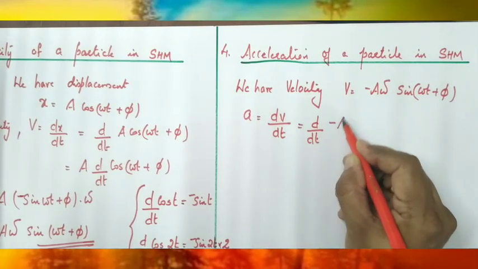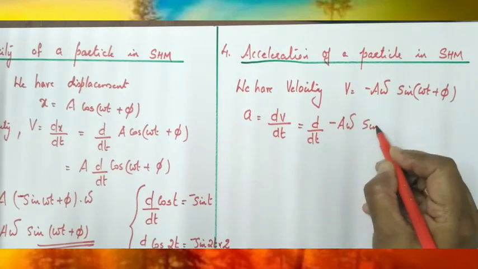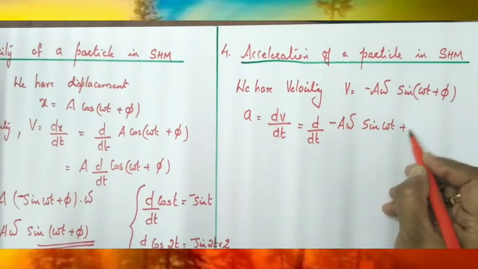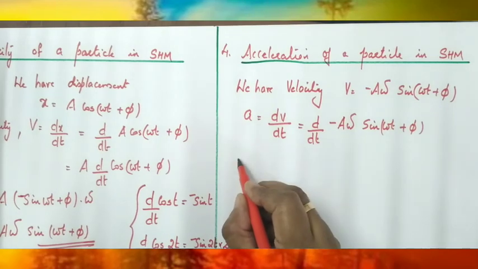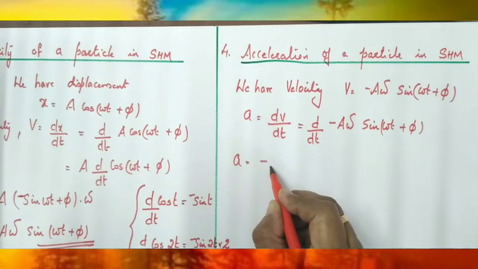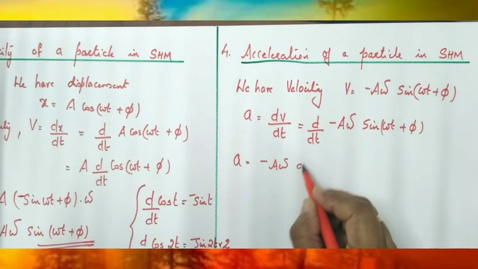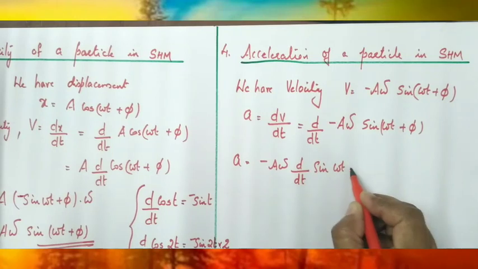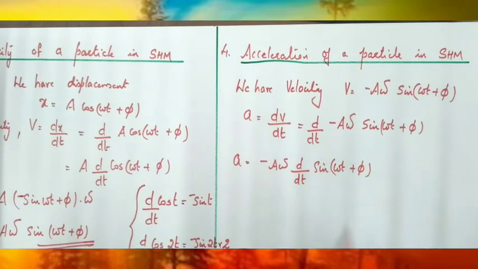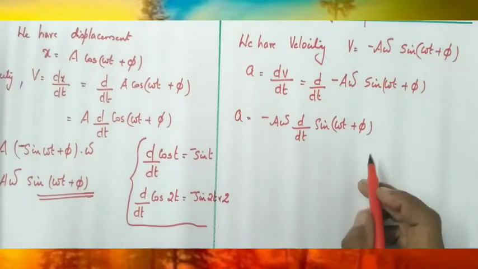What is velocity? Minus a omega sin omega t plus phi. So this is velocity. Now a is equal to minus a omega, which can be taken outside, d by dt of sin omega t plus phi.